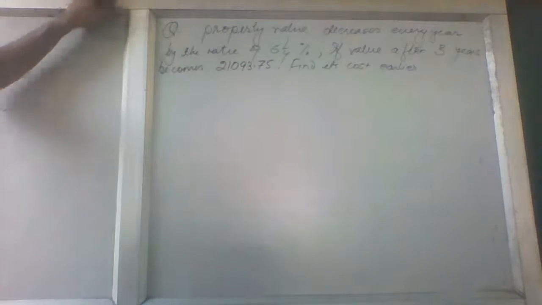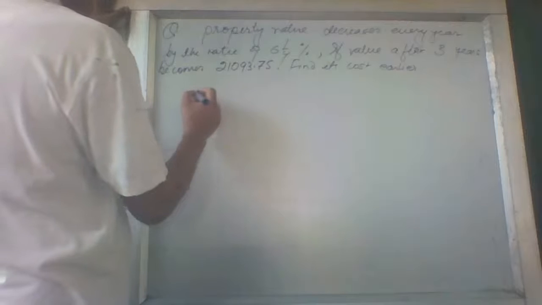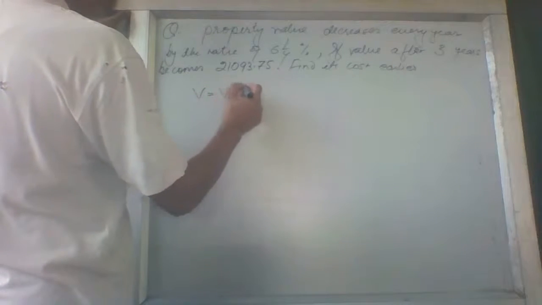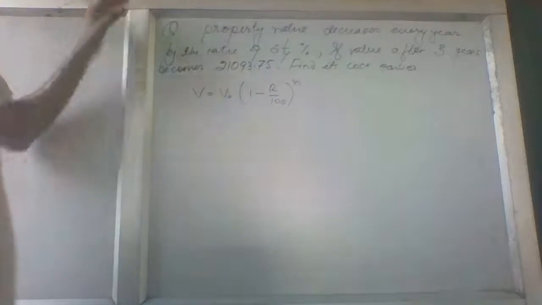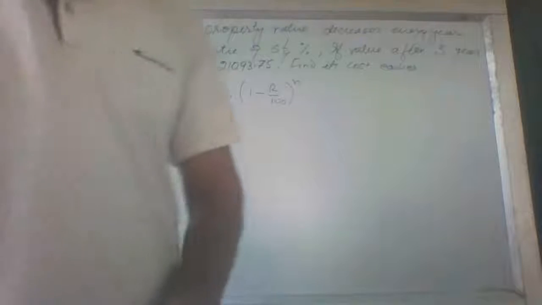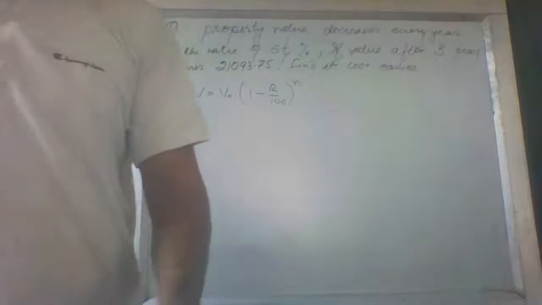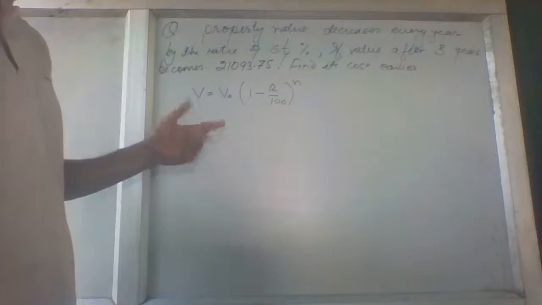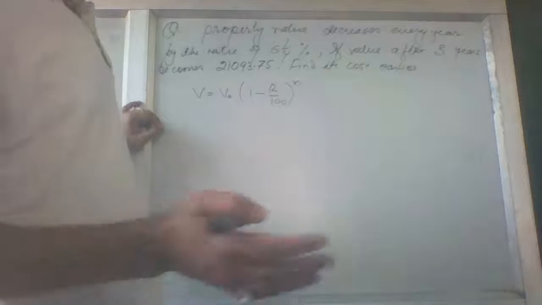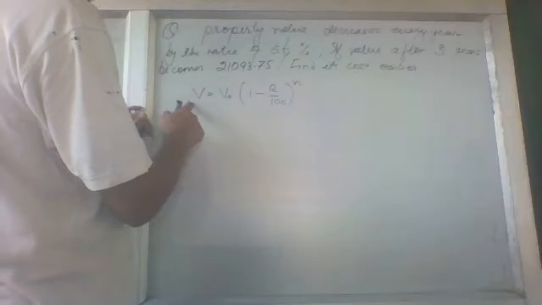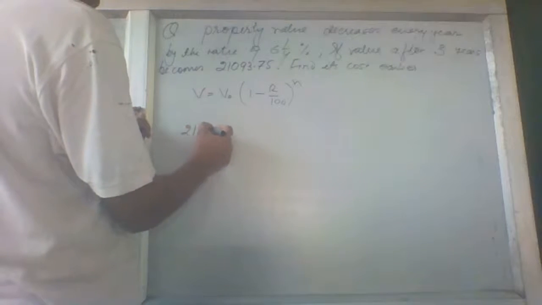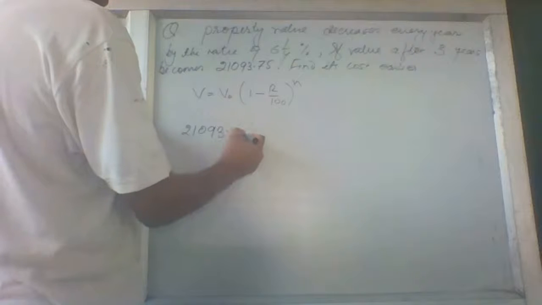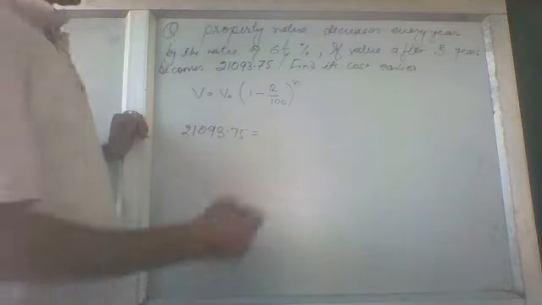So how will you use it? After 3 years, I have given you the formula V is equal to V naught times 1 minus R upon 100, to the power n. Here the final value is 21,093 rupees 75 paisa, but I don't know the initial value.